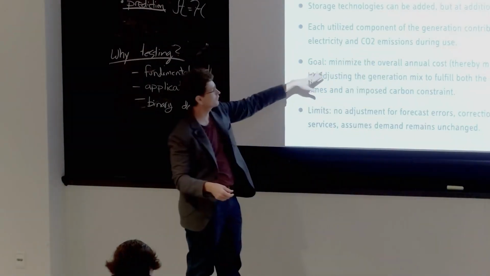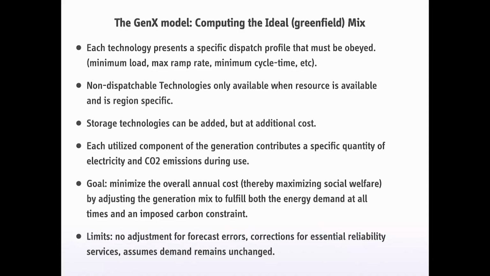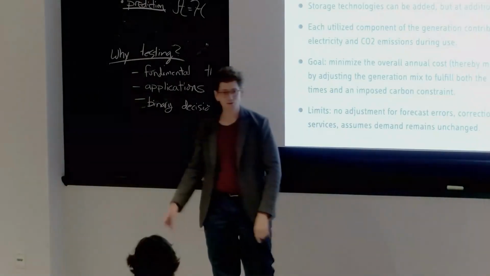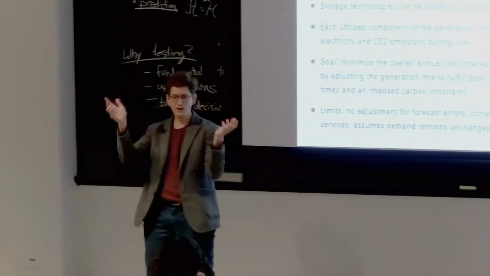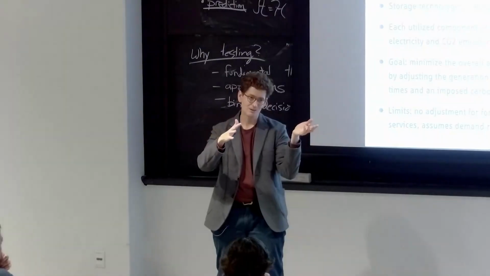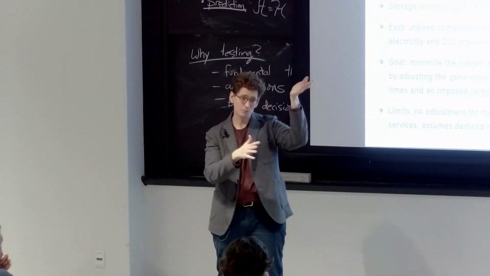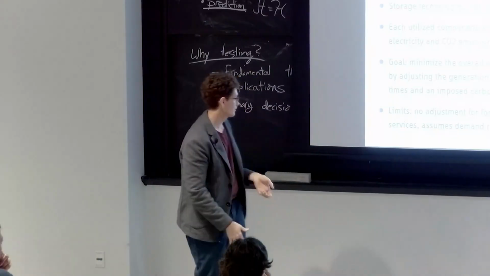You minimize the overall annual cost, which is the same thing as maximizing social welfare, by adjusting the generation mix to fulfill the energy demand at all times, subject to an imposed carbon constraint. So there's all kinds of solutions, and as I impose a carbon constraint, the solution set gets more and more expensive. The cheapest solution is more and more expensive as we do the decarbonization.